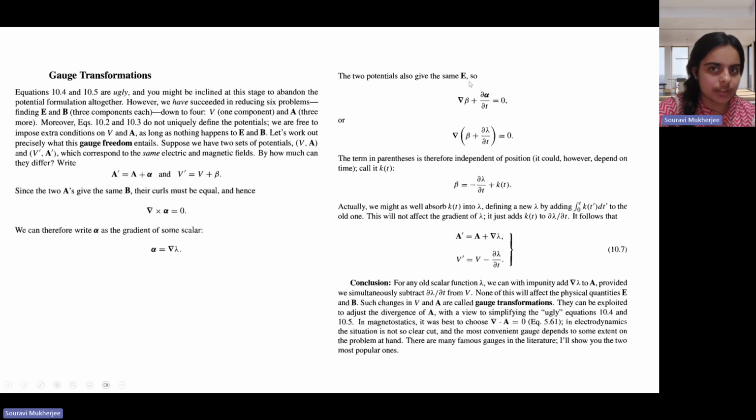If that is the case, then you get back the same electric field. And now you can write alpha again as the gradient of a scalar, and that's what you do. So you take these terms in common.